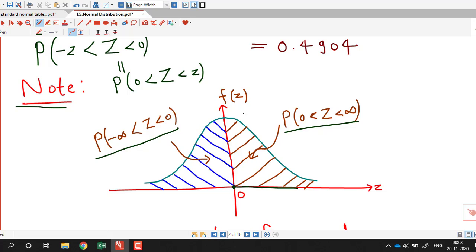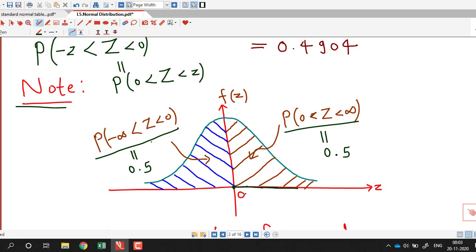As we know that the normal curve is symmetric, these two areas are equal. Now we know that the total area under the standard normal curve is 1, so both areas must be equal to 1/2, that is 0.5.